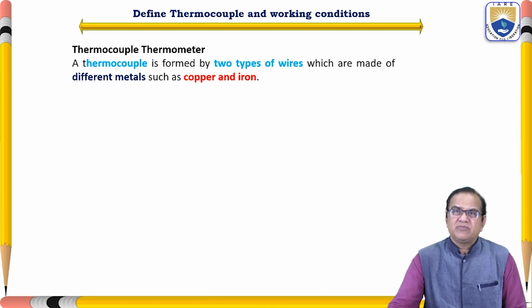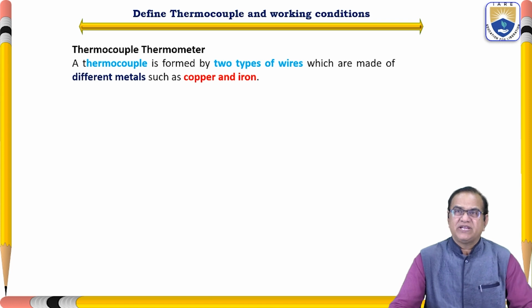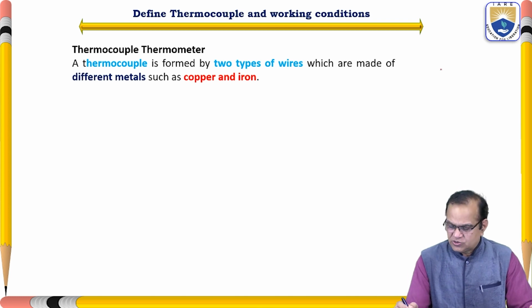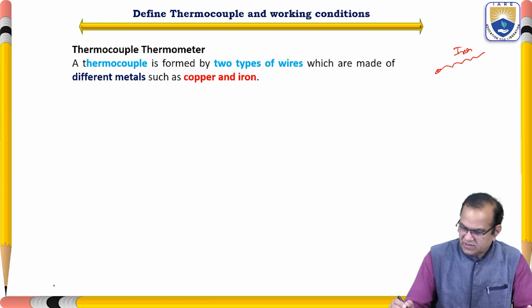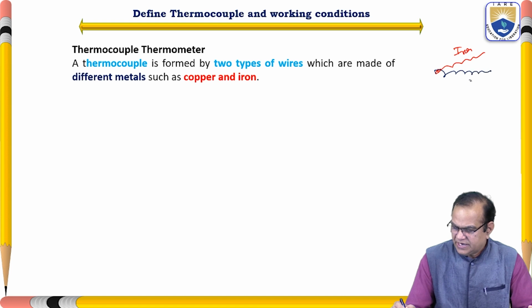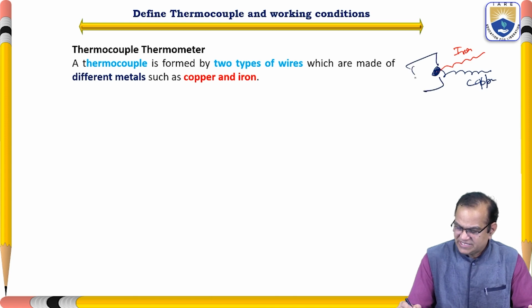A thermocouple is formed by two wires made of different metals such as copper and iron. If you take one wire of iron and another wire of copper, you join them together and put them inside the furnace or engine.